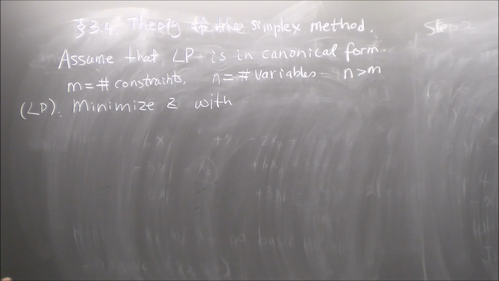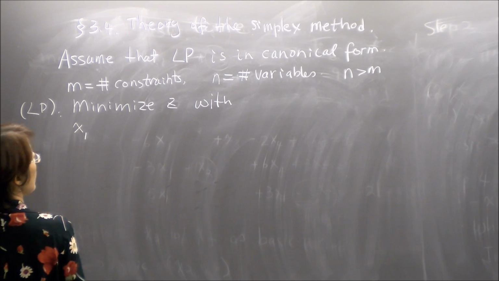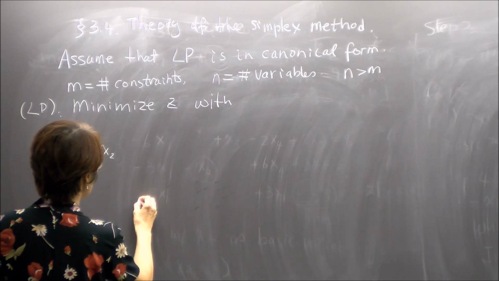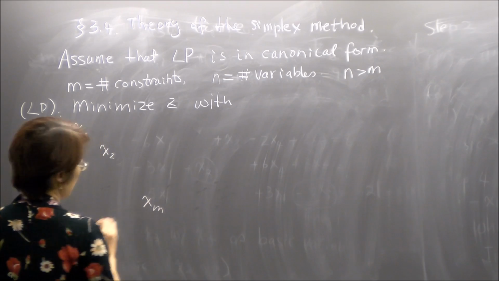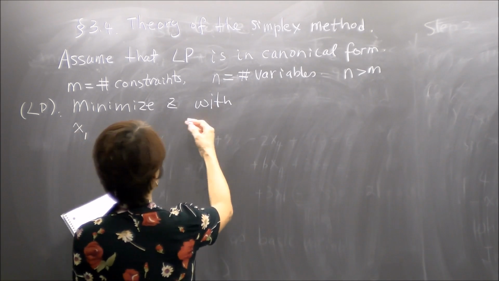I can always relabel them so that the first m variables are basic. So the first m will be basic, so x1, x2, up to xm will be in diagonal form. These are the basic ones, and the rest is non-basic. So let me write out the canonical form.